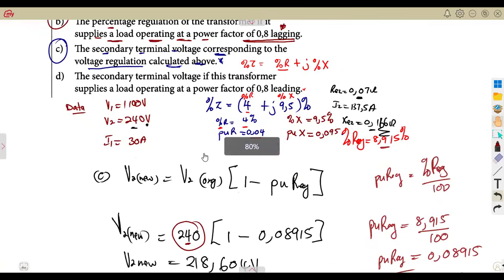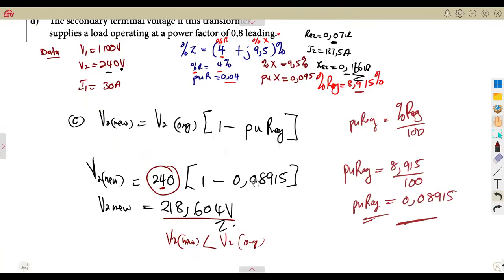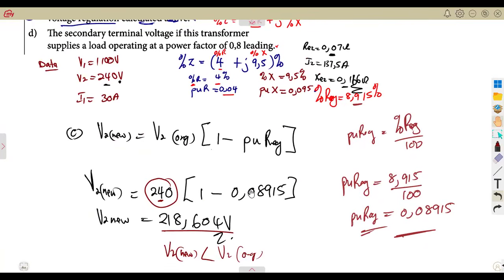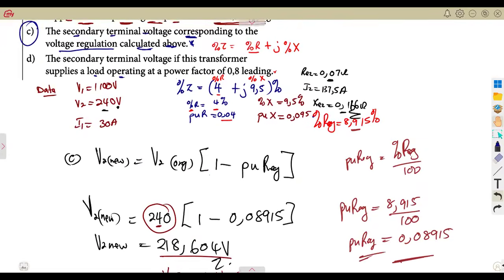And now, in D, they need you to calculate the secondary terminal voltage if this transformer supplies a load operating at a power factor of 0,8 leading. If you check this question on D and the one that we had on C, the secondary terminal voltage is the same, but it was corresponding to the voltage regulation that we calculated above.